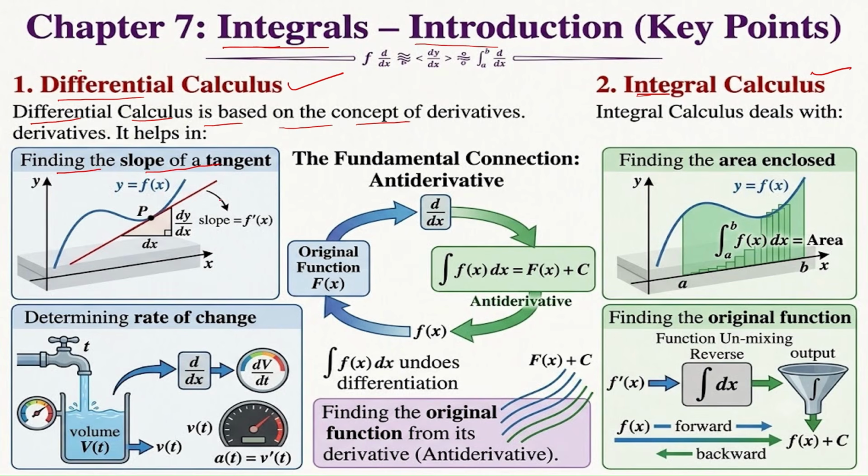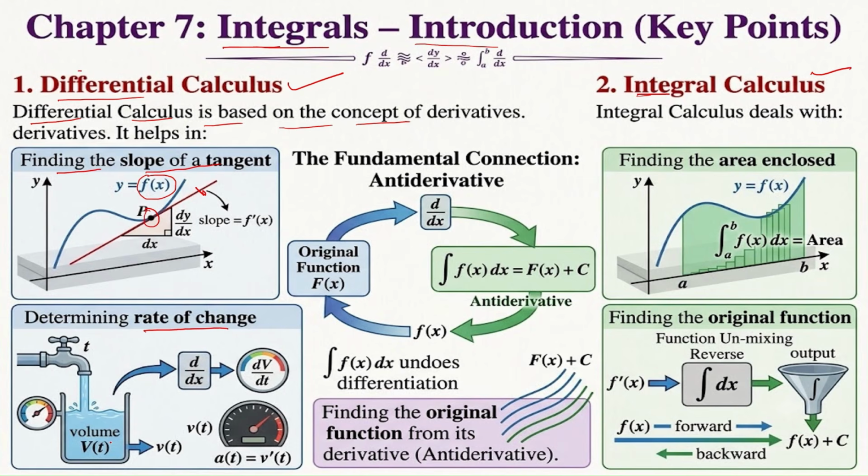If we differentiate the function f of x, what it indicates is the slope of the tangent at a particular point P. That is indicating the derivative of f of x. And it also indicates the rate of change of the function.